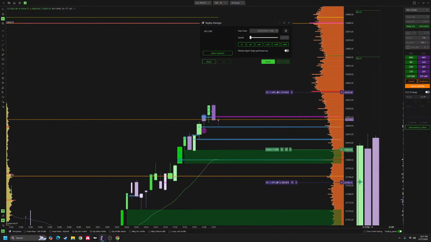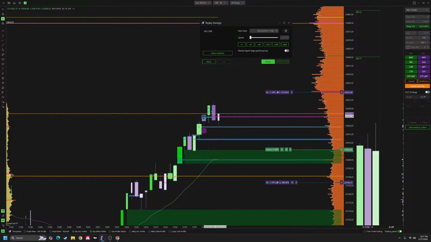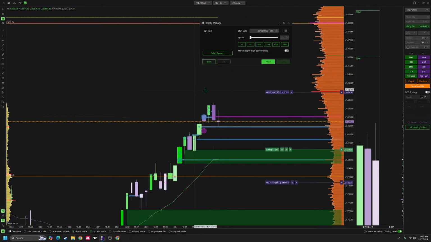So now we can see sellers are starting to step in. Aggressive sellers, fat purple candle, some aggressive sellers fighting. These buyers are going to also continue to protect. So we got a big battle right here. This line is very heavy right here.